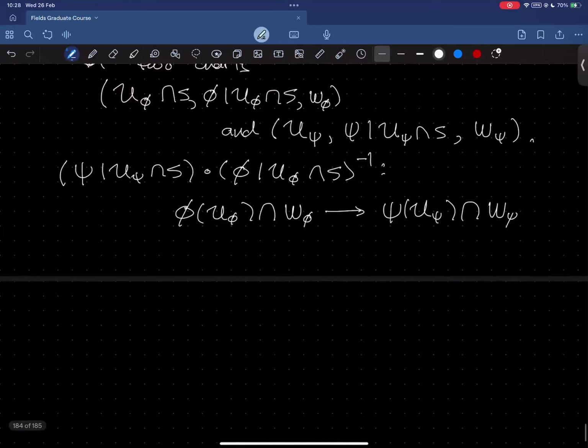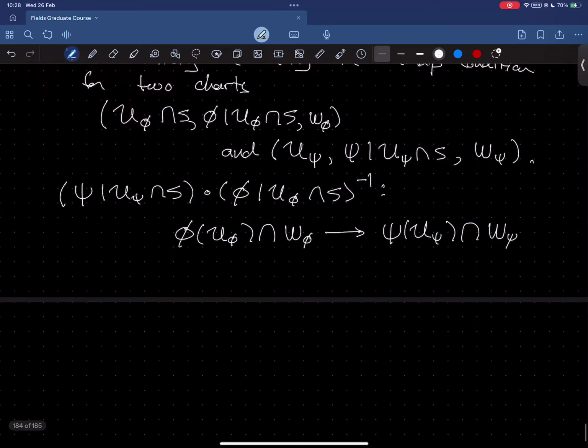We need to show that that map is C^r. If the manifold is of class C^r, then its overlap maps are C^r. So we need to verify that these restricted ones are also C^r.